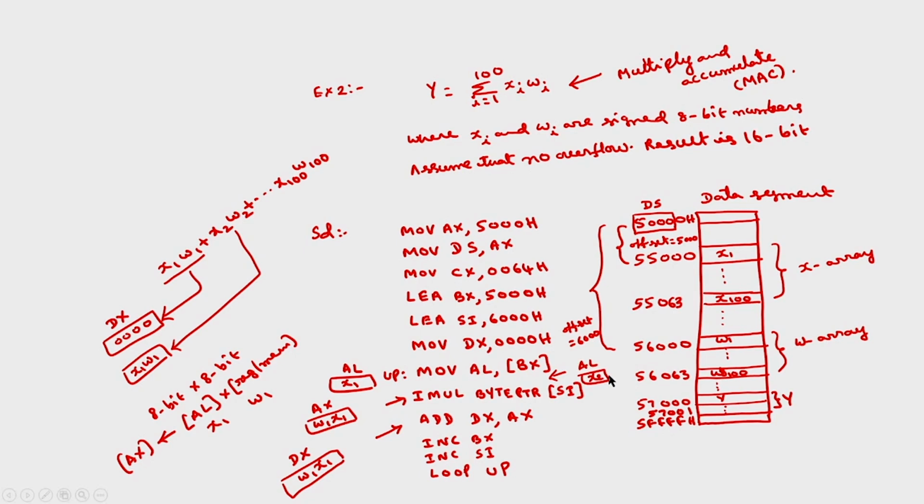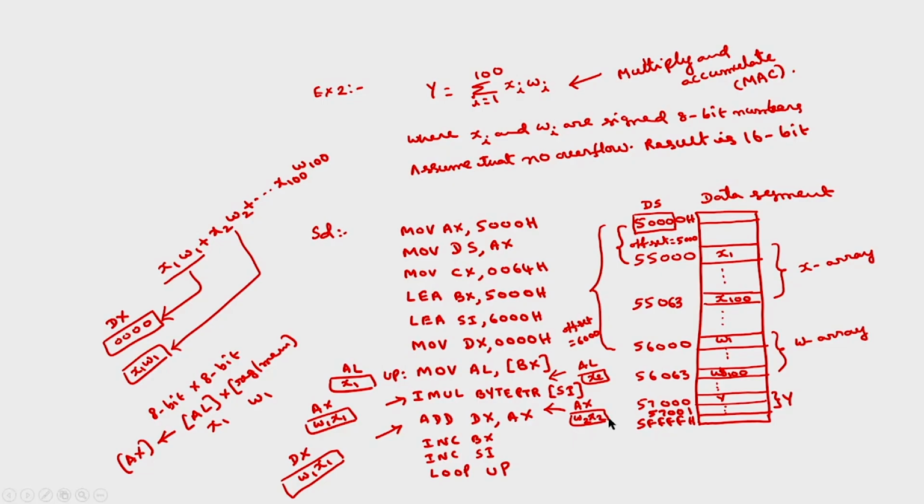Then IMUL byte PTR SI. SI was 6000, after one increment 6001, and the value at offset 6001 will be W2. So W2 and X2 will be multiplied, and in AX there will be W2 X2.